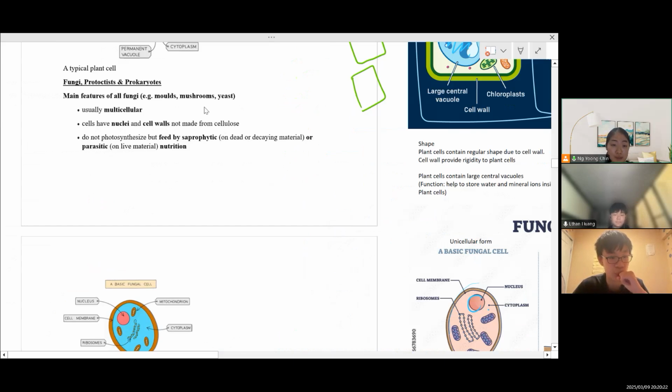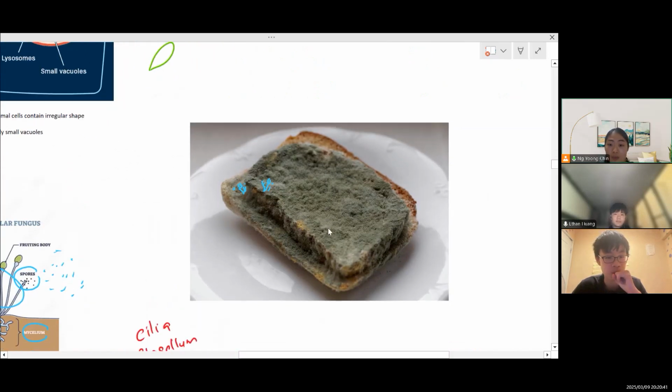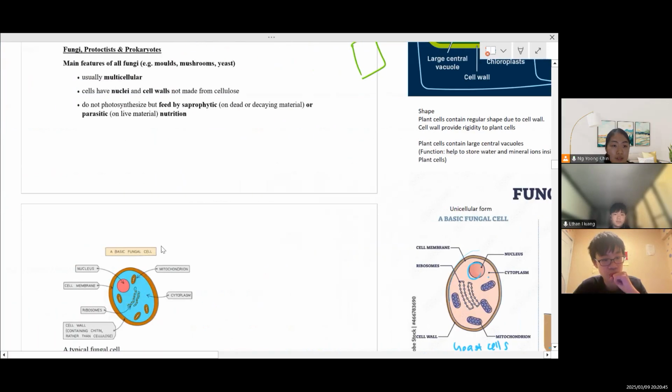Yeast, mushroom, and mold. Mold usually grows on rotten bread. When you keep the bread too long and didn't eat it, the bread expires, and with the moisture build-up, the mold will grow on the bread. So this is a mold. You see?